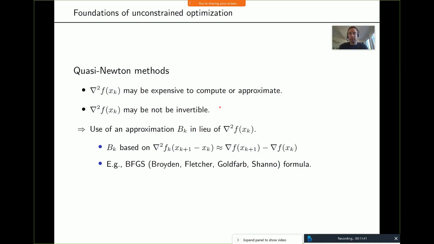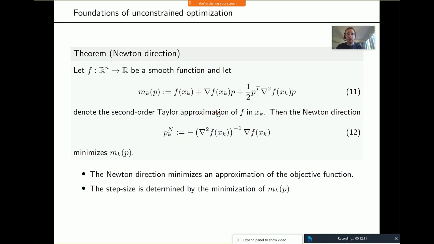So one thing is that the Hessian matrix can be quite expensive to compute or approximate. If you think of an n-variate function, then of course the Hessian matrix can get quite big, so there's some computational burden on this, and then it might even not be invertible depending on how it looks.